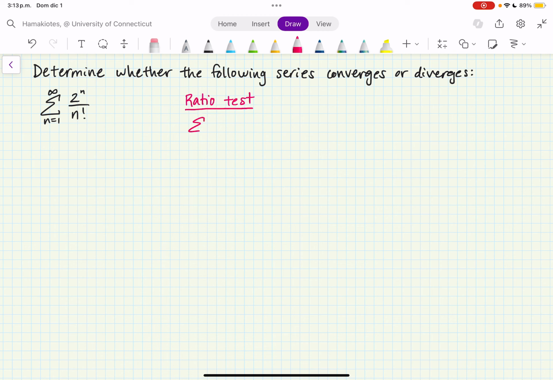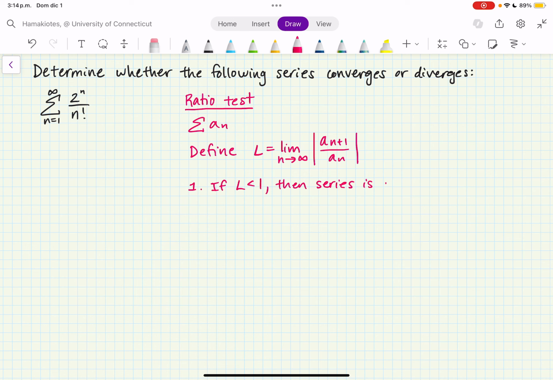Let's say I have the sum of a sub n, and I can define L to be the limit as n approaches infinity of the absolute value of a sub n plus 1 over a sub n. So if L is less than 1, then the series is absolutely convergent and hence convergent.